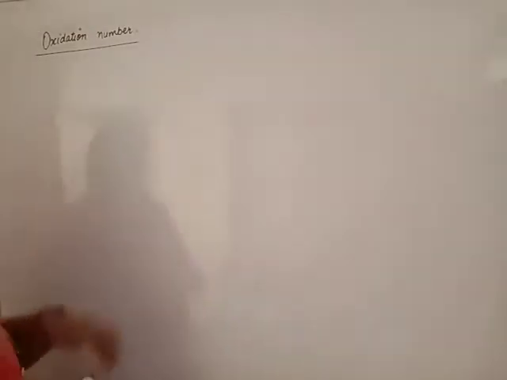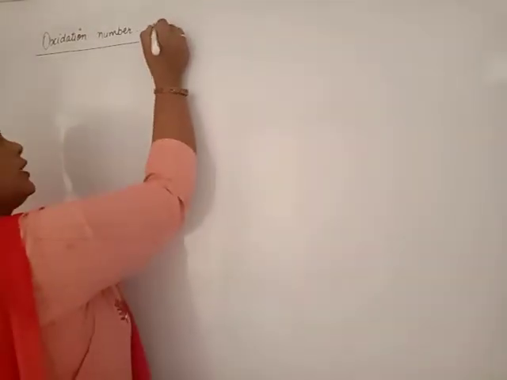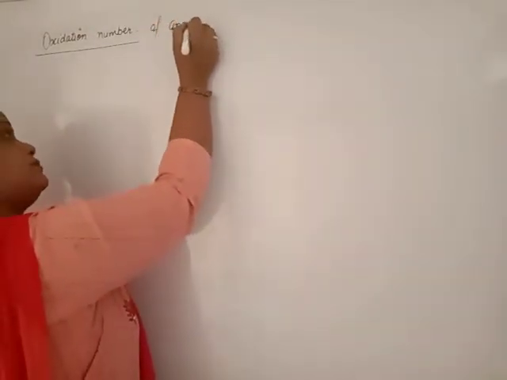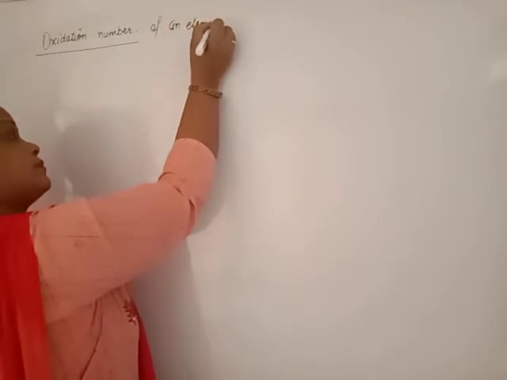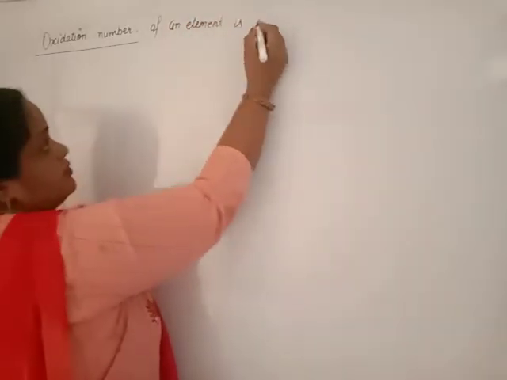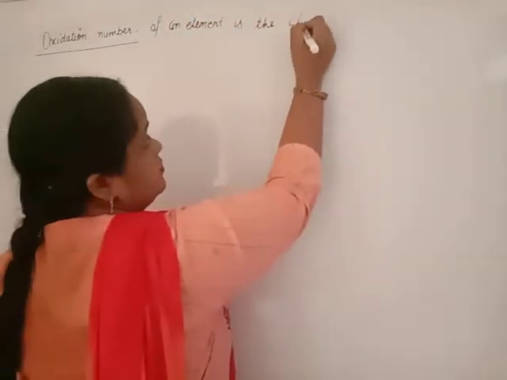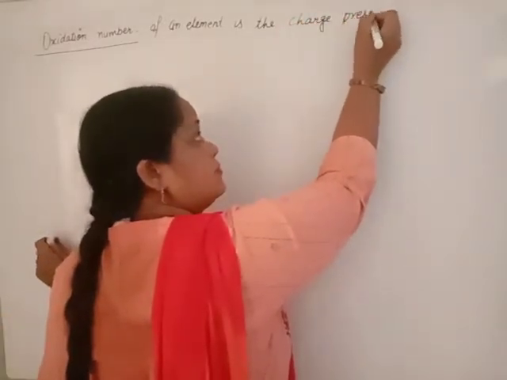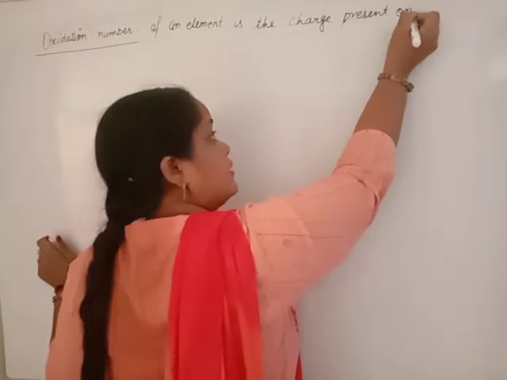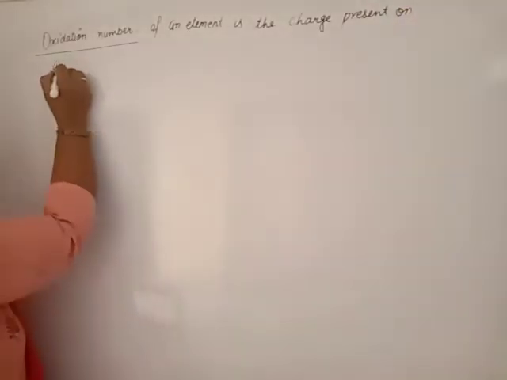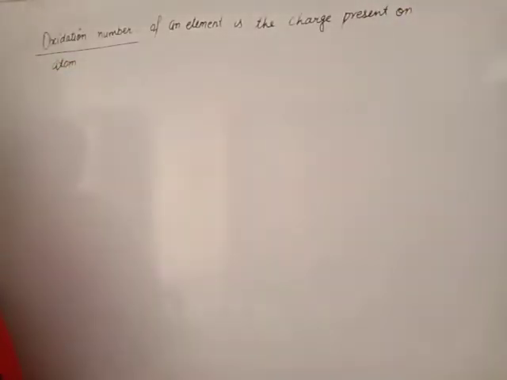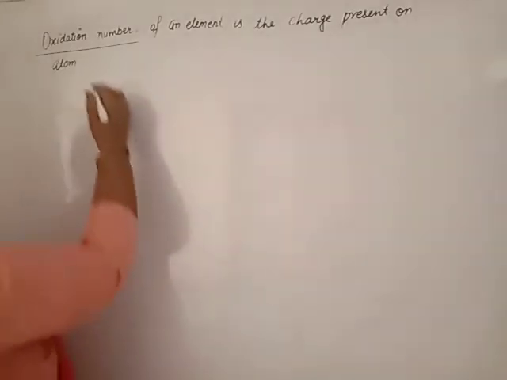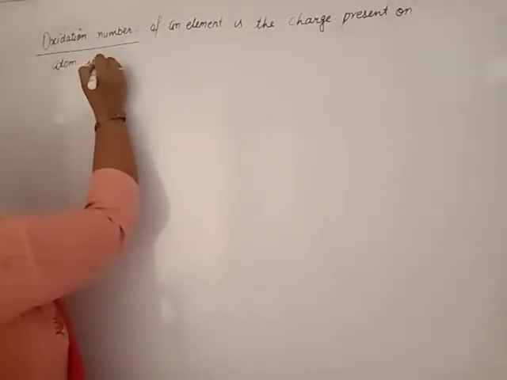That means the oxidation number of an element is the charge present on the atom in ionic state.